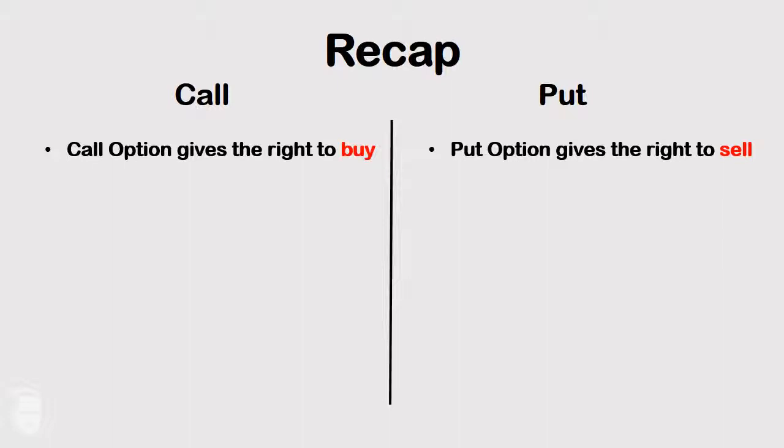So the owner of a put option in the stock market obtains the right to sell shares at a specified price. Mind you, you don't even have to own those shares in order to obtain the right to sell them to someone. You also don't have to worry about having to go and buy those shares and then on-sell them to someone.